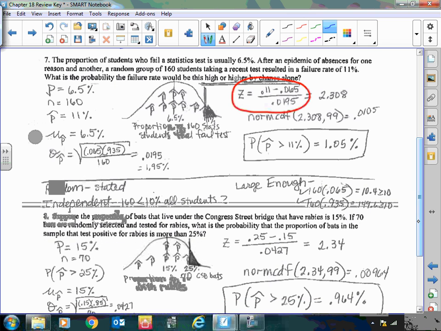Number 7 is the first proportion problem on this review. I want to stop a moment to remind you of what was happening on the quiz in some cases yesterday. Do not mix up your units.